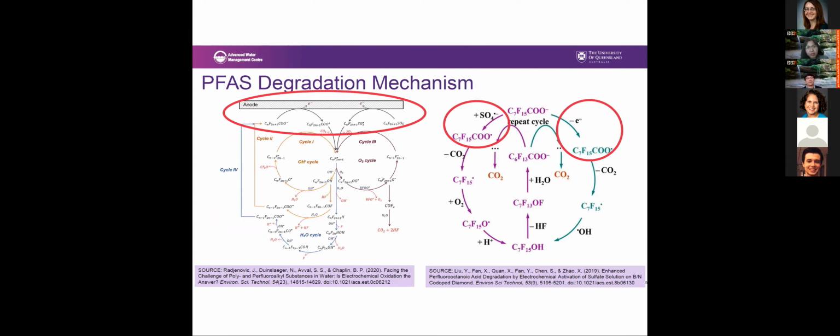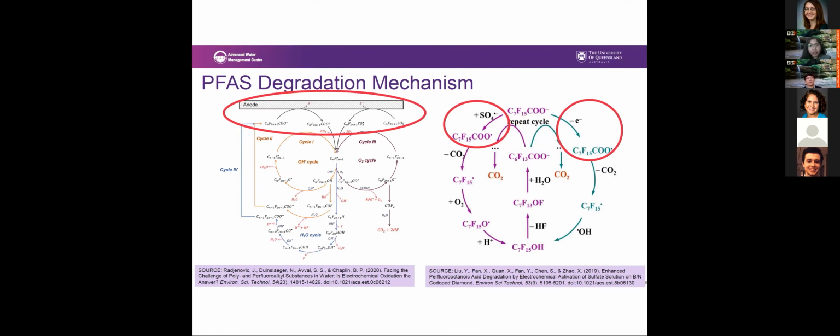Several pathways have been proposed, but all, or the majority of them, agree that for PFAS degradation to initiate, the PFAS compound needs to be directly oxidized first at the anode surface, producing PFAS radicals. After that, it goes into the different degradation pathways until complete mineralization.